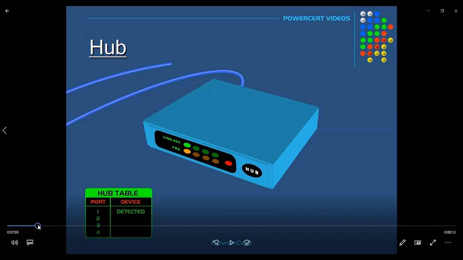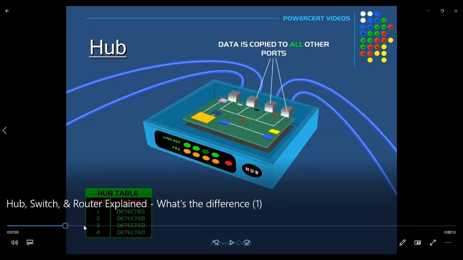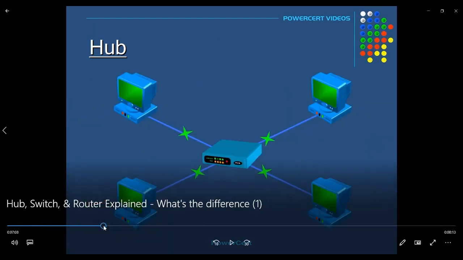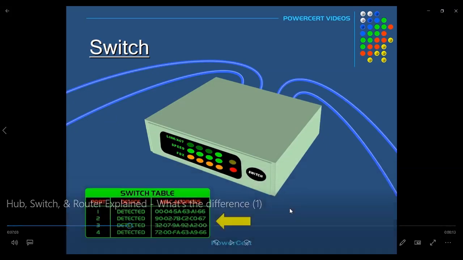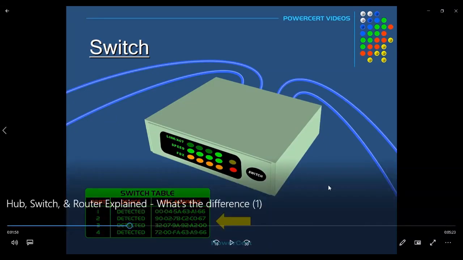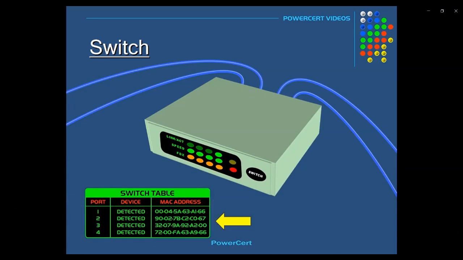But when it comes to switches, you can see that in a hub the data goes through every port, right? But in a switch, it's not like that. It is using a MAC table. In a switch, it's called the MAC table. MAC addresses are there, and all the devices are uniquely identified.